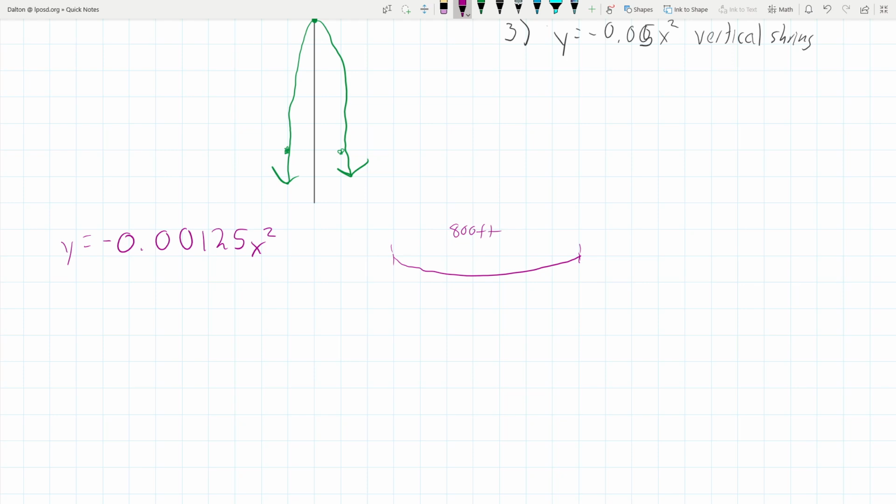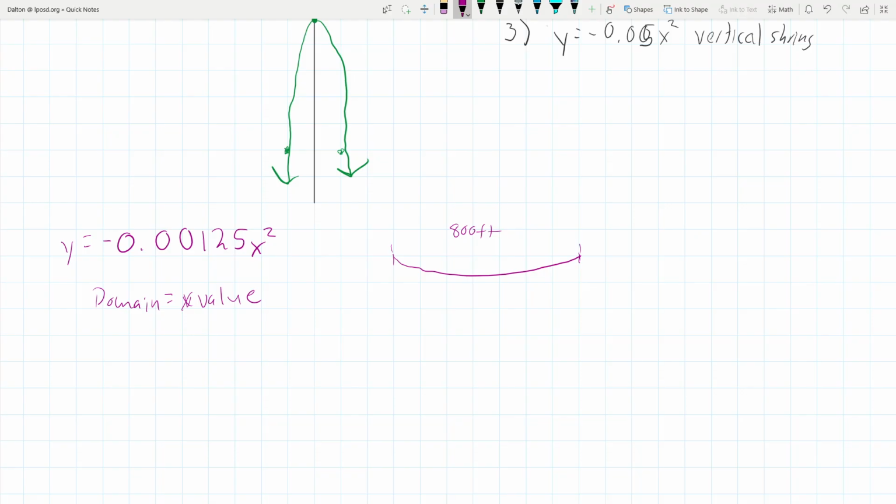Domain is our x value. What we need to look for is whether there is anything really changing about this. The only thing I notice is that this a is less than 1, sorry, and it's upside down. And so there's nothing really trying to change about this.